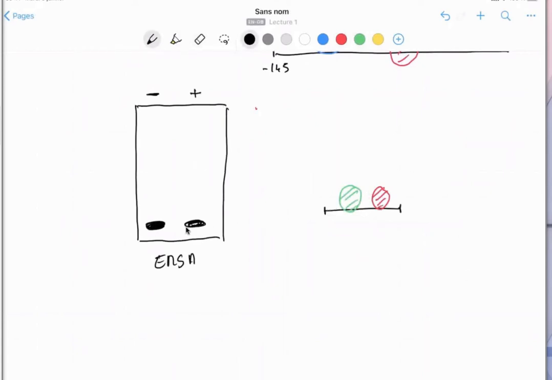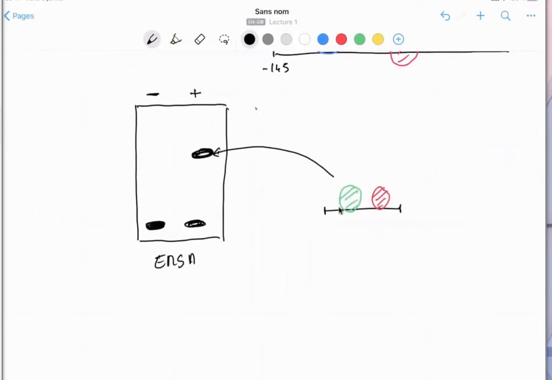So the fragment is this one, two proteins interact with the fragment. How many complexes are we going to see here? I think if we have two proteins, we still have one spot, because they bind the same sequence. Exactly. We will have only one spot, and this spot corresponds to the complex of the two proteins.